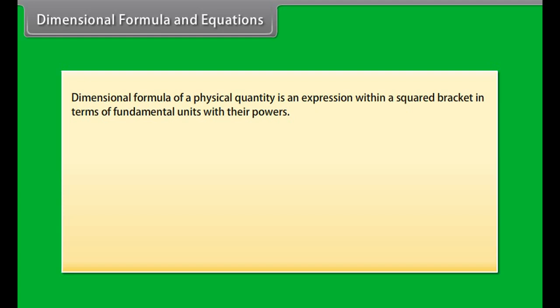Dimensional formula and equations. Dimensional formula of a physical quantity is an expression within a squared bracket in terms of fundamental units with their powers. Let us take an example. Dimensional formula of velocity is equal to under brackets M to the power 0 L T to the power minus 1.